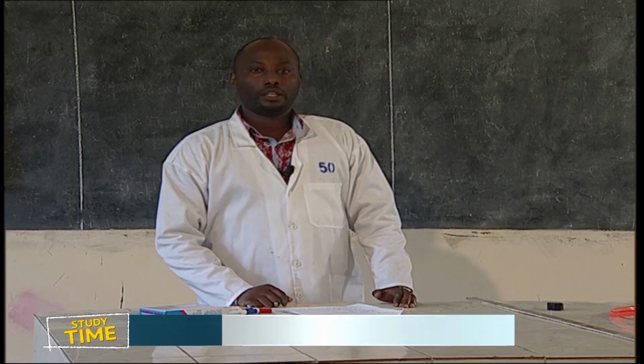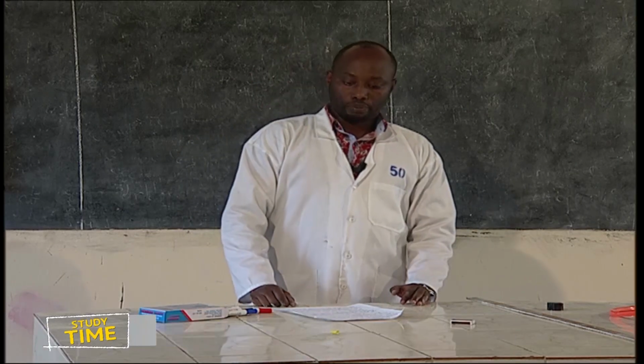As usual, I'm teacher Herbert, who is going to be taking you through the biology of Year 3, a continuation of Unit 7, which is concerning digestion in the duodenum and digestion in the ileum.